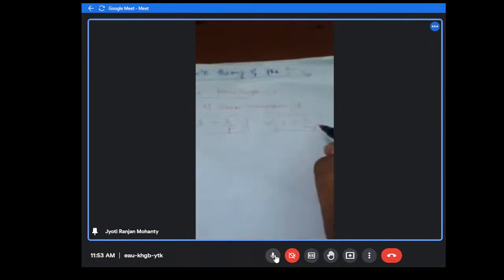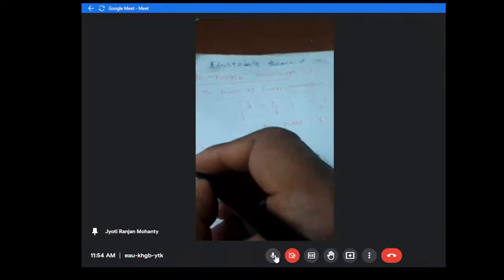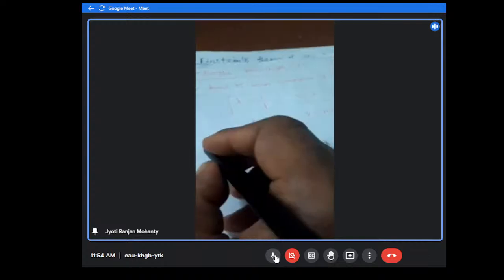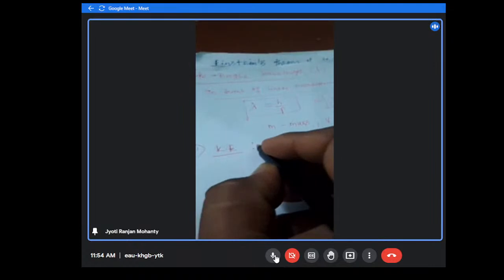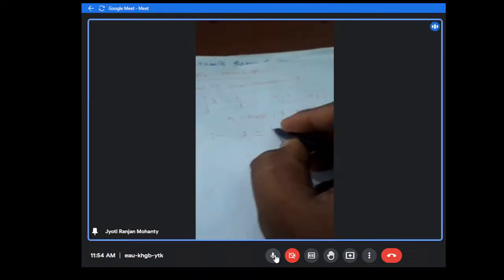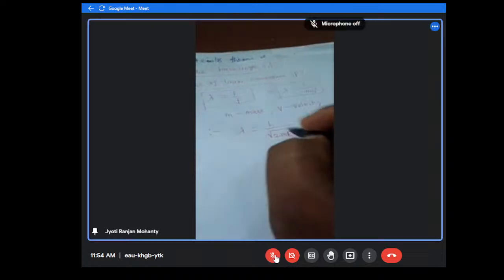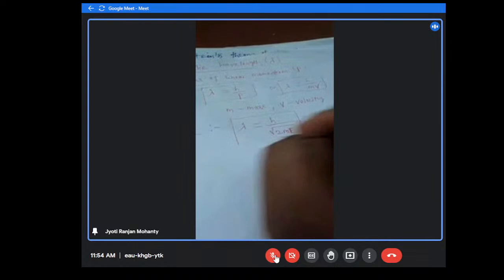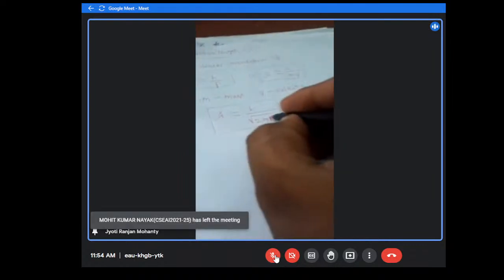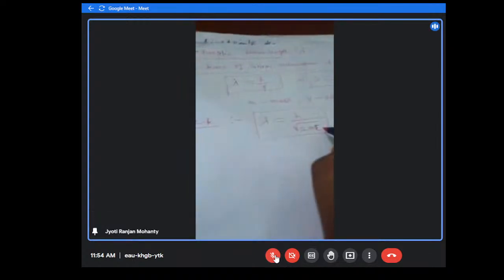Next, in terms of kinetic energy. For a non-relativistic free particle of kinetic energy E, lambda is equal to h by root of 2m into E. This is E for kinetic energy, or you can write Ek better.